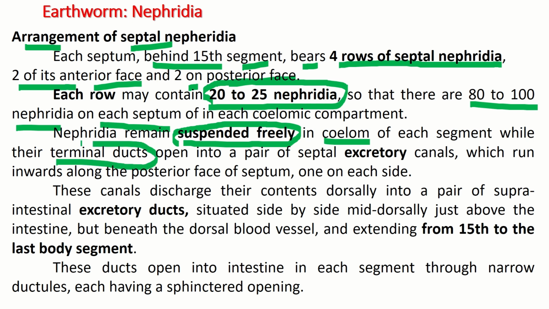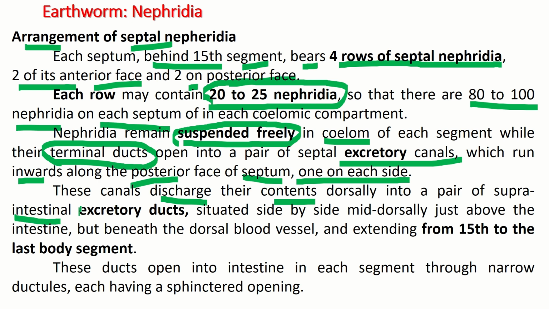open into a pair of septal excretory canals, which run inwards along the posterior face of the septum, one on each side. These canals discharge their contents dorsally into a pair of supraintestinal excretory ducts.